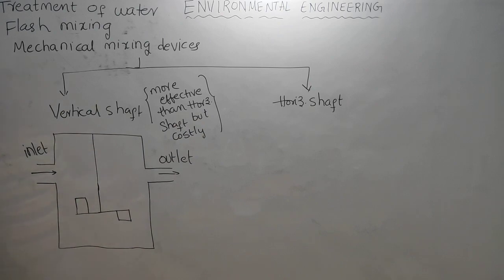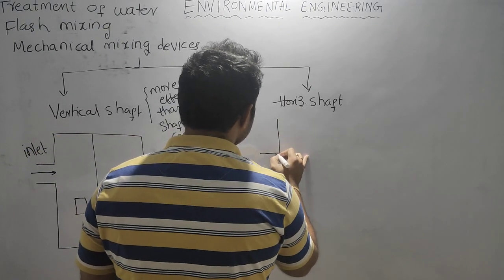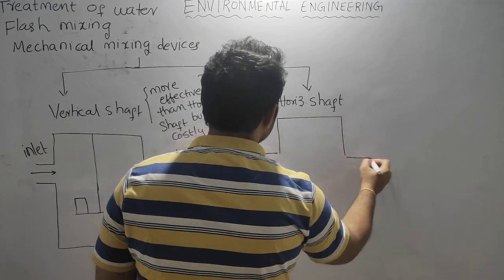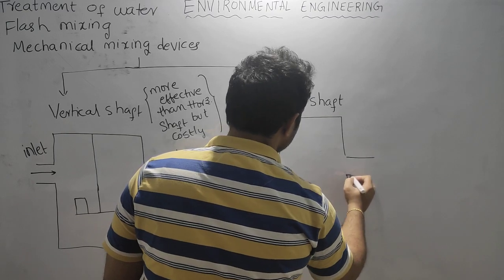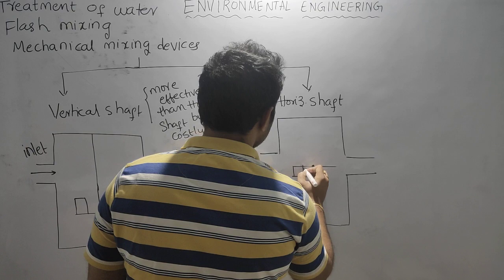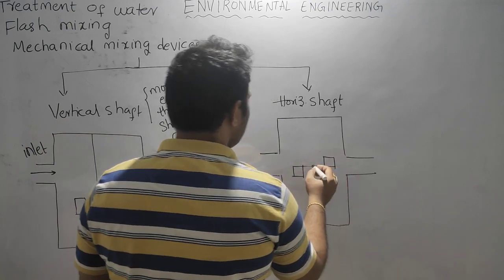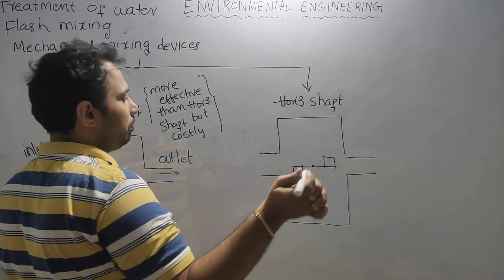Whereas if you look at the horizontal shaft, this is the inlet, so the shaft will be in this direction. The shaft will be in horizontal plane.